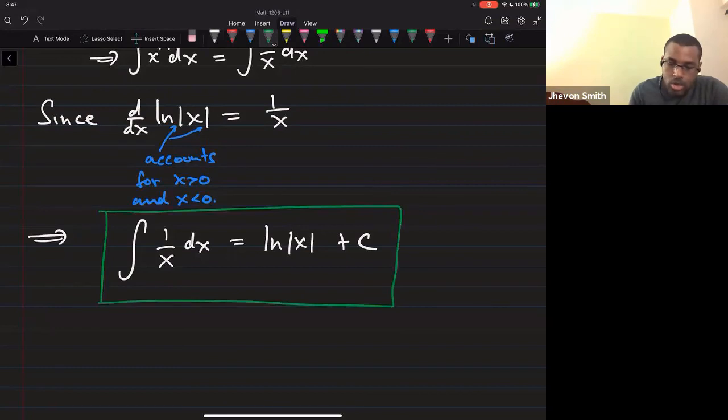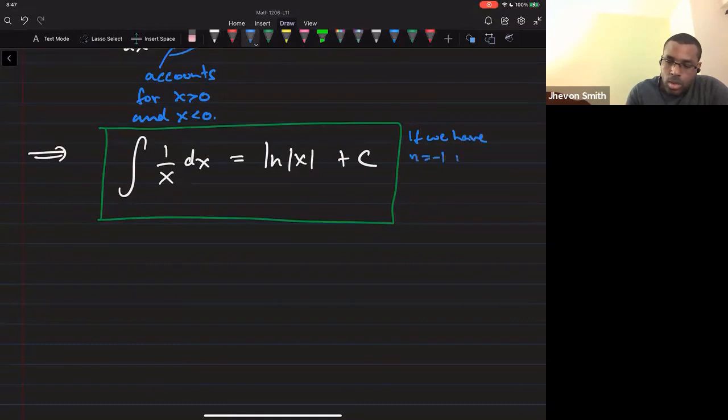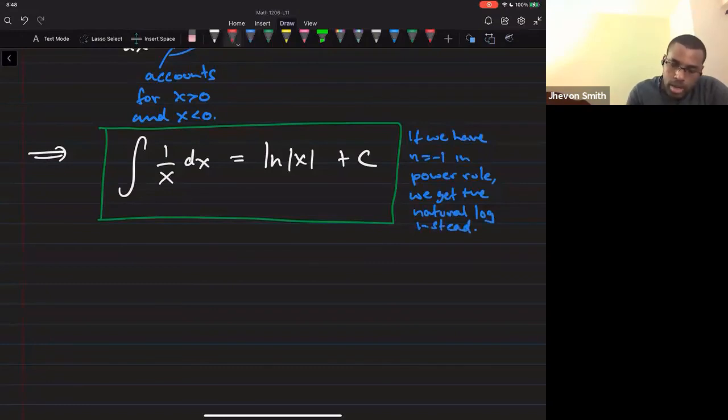So that's another rule. If we have n equals -1 in the power rule, we get the natural log instead. And the absolute values are important.